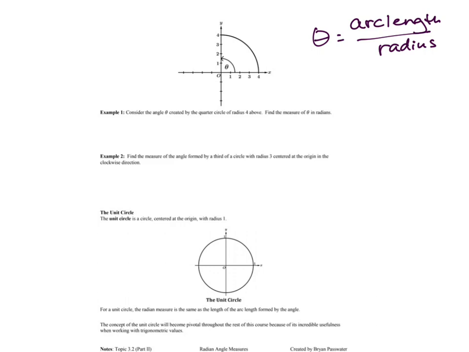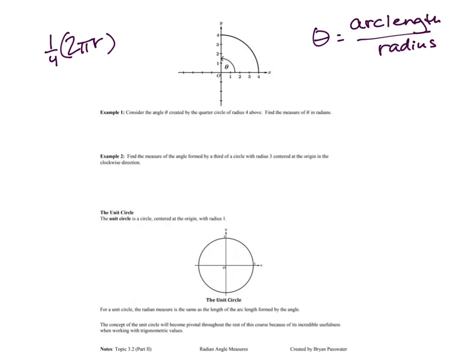Okay. So it says, consider the angle theta created by the quarter circle. So for my arc length, I'm going to have 2 pi r, but I'm only using a quarter of that because it's only going a quarter of the way around the circle.